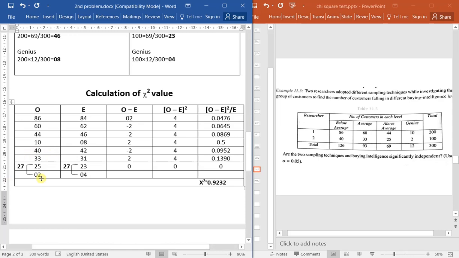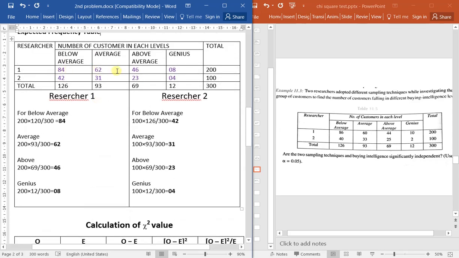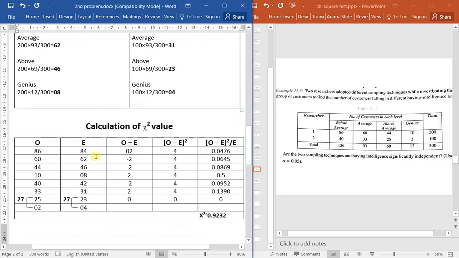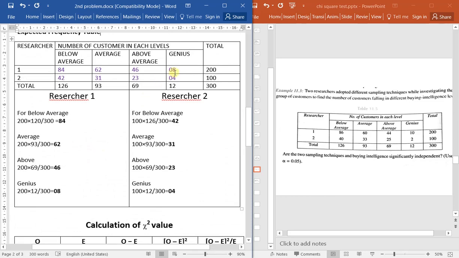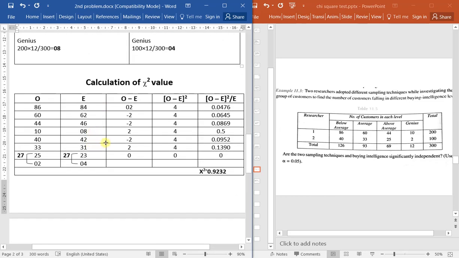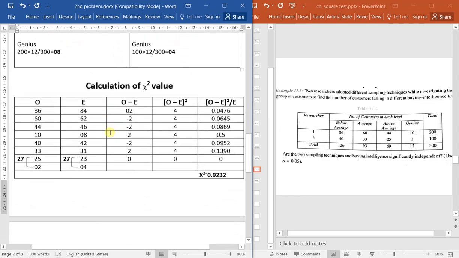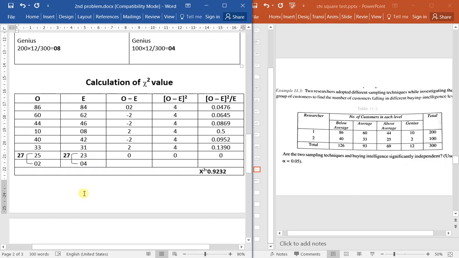Then the expected values are taken from the expected frequency table: 84, 62, 46, then 8, 42, 31, then 23 and 4.